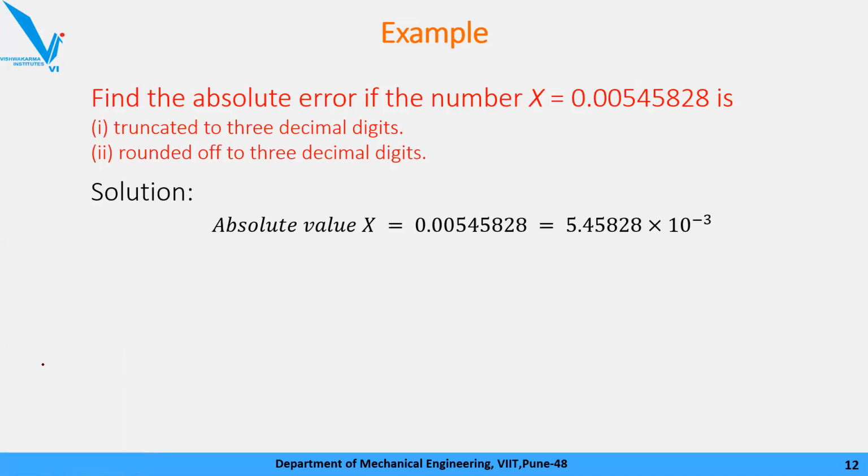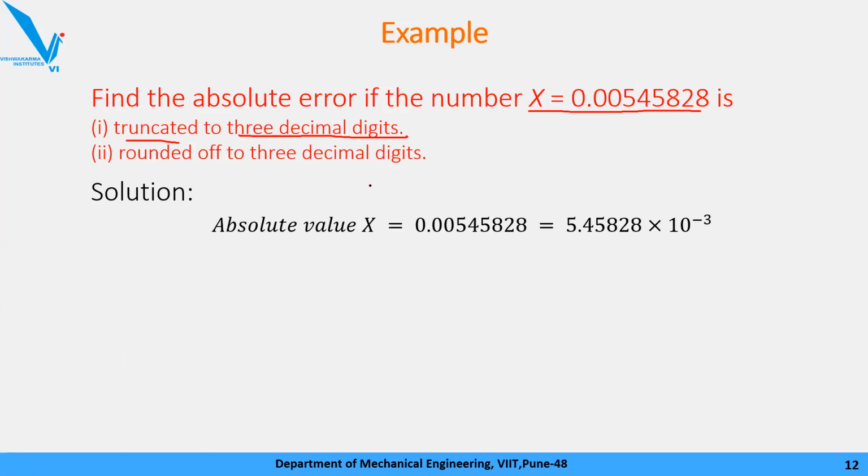In our problem statement they gave two cases. Case 1 says that if this value x is truncated to 3 decimal digits, meaning chop off x up to 3 significant figures or 3 decimal digits. 3 decimal digits is nothing but converting it to 3 significant figures.